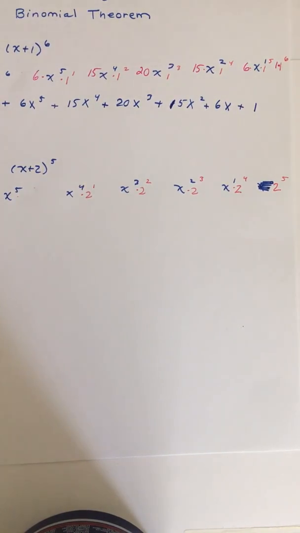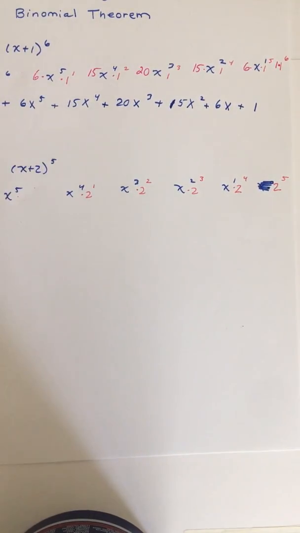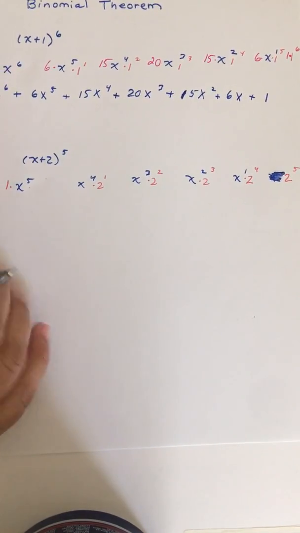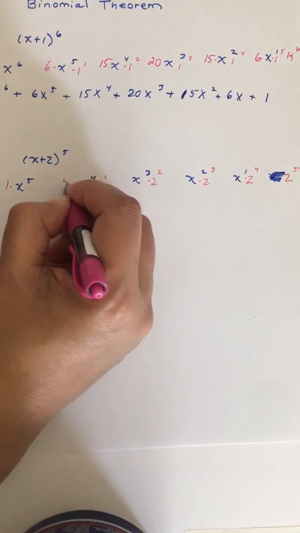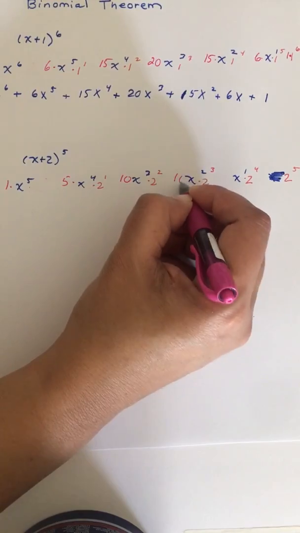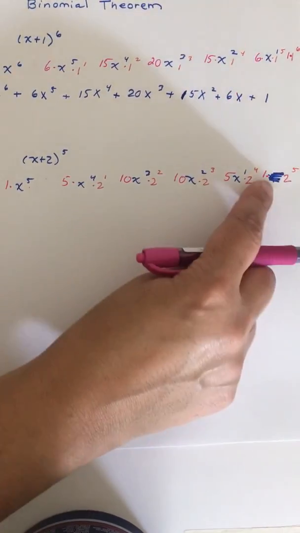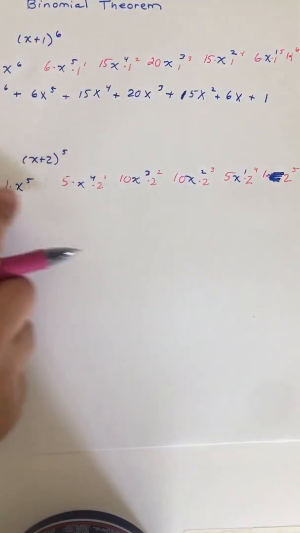You want to refer back to your triangle. Okay, I'm going to plug those numbers in. Multiply by 1, 5, 10, 10, 5, and 1. So you end up with all of your coefficients.